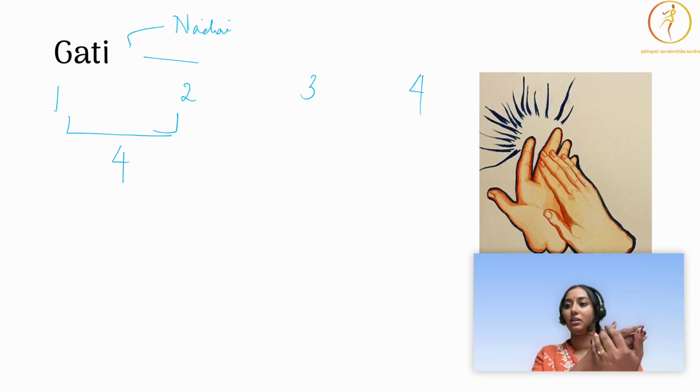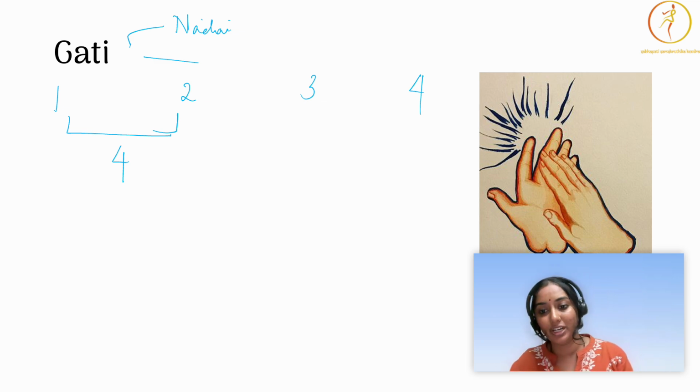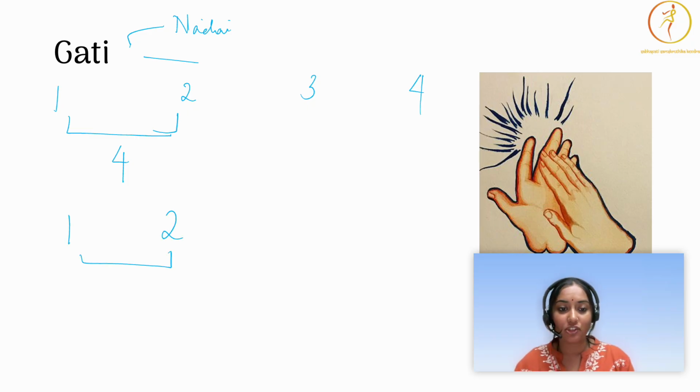That becomes Chaturashra Nadai or Chaturashra Gati. However, the second time, with the same 1 and 2 beats, I had a subdivision of 3. So it was takkitta, takkitta, takkitta, takkitta. So what is the understanding here?